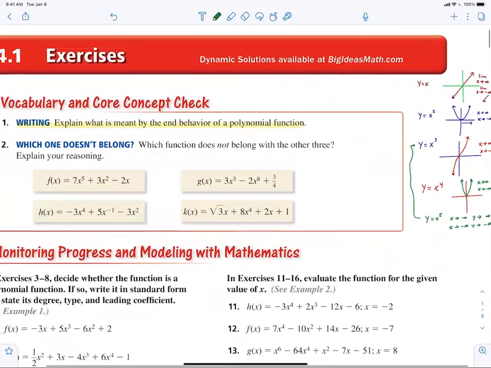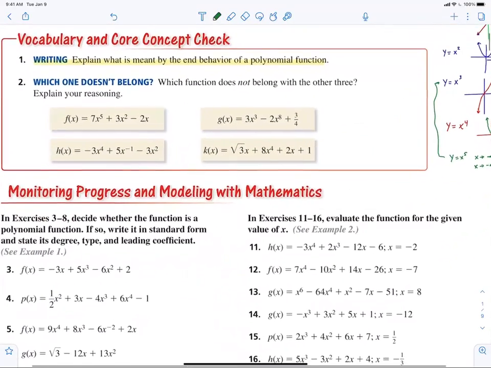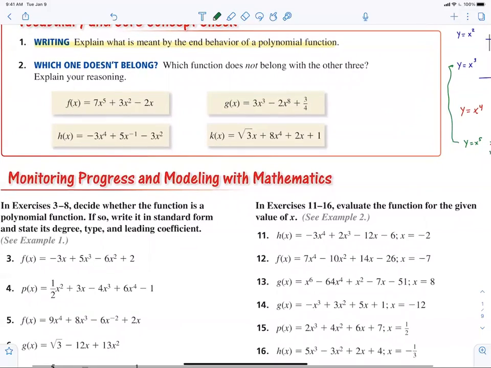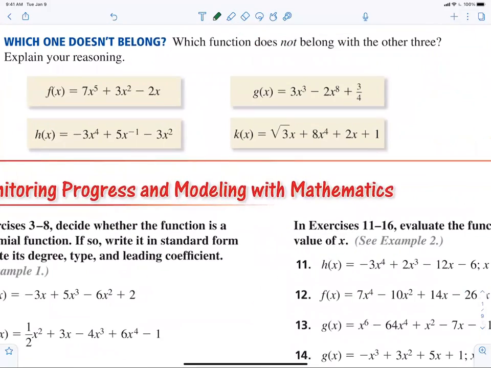Now let's look at question number 2. Is the first one a polynomial function? Yes. If you'll notice, all of the exponents are whole numbers. What about g of x? Is that a polynomial? Yes. The 3/4 has nothing to do with the exponent. What about h?